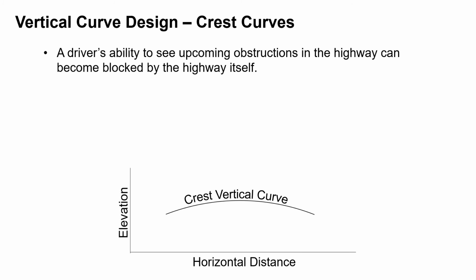So a driver's ability to see upcoming obstructions can be blocked by the highway itself. When we're thinking about a crest vertical curve, we're thinking about a vehicle coming up one of the grades, and can they see some object over here?